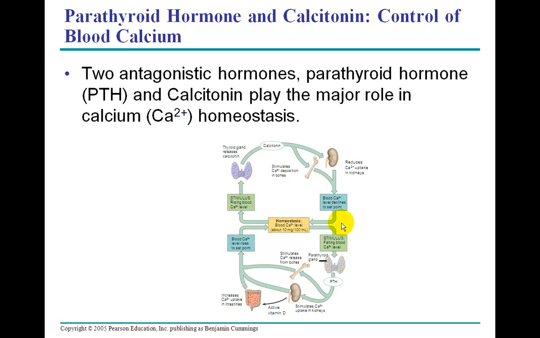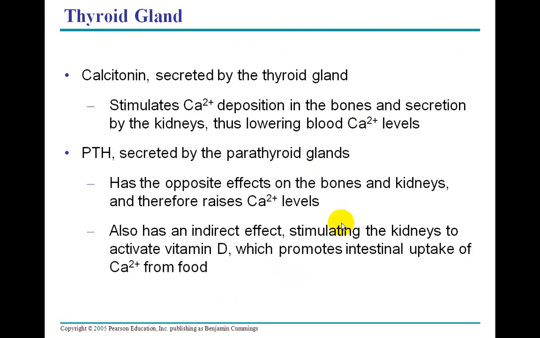You need to review this chart either here on this slide or in the textbook, because that's going to be on the test. I'm going to expect you to be able to draw this and describe it. I'm going to go over this in class very quickly on Tuesday to make sure that we have it.